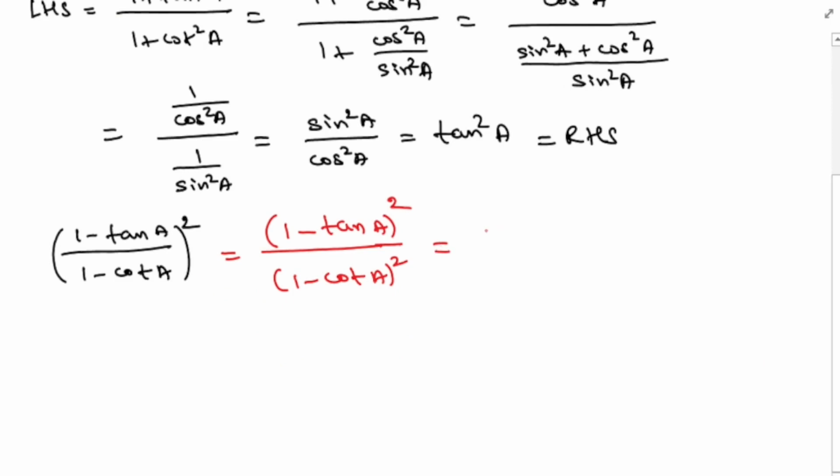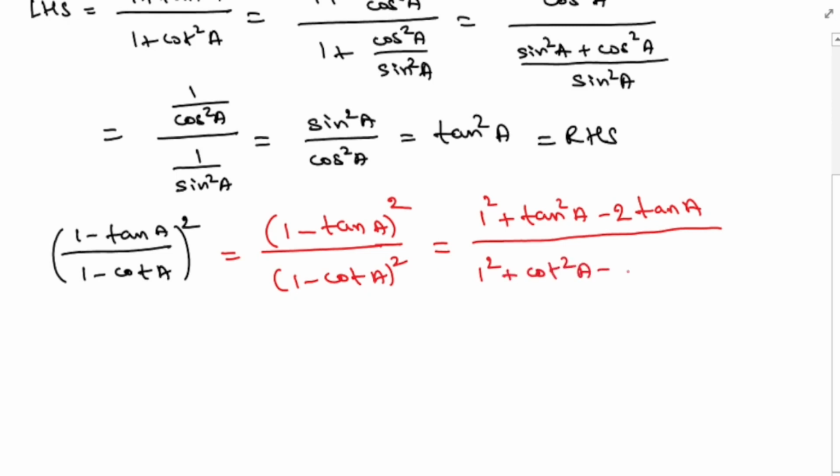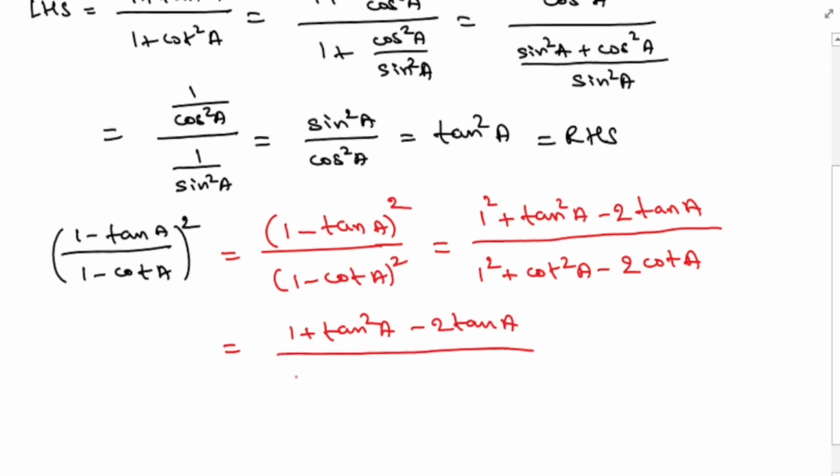Apply the identity (A minus B) whole square equals A square plus B square minus 2AB. This equals 1 plus tan square A minus 2 tan A divided by 1 plus cot square A minus 2 cot A.